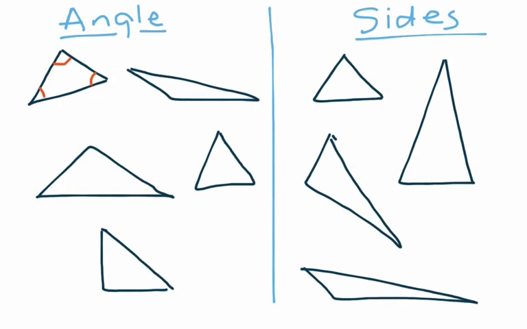If you think about it, this angle right here makes a right angle. So that means this would be a right triangle because it has a 90-degree angle. These ones right here, well, that's definitely an acute. That's acute, but this one right here is obtuse. So the fact that it has one obtuse, it is called an obtuse triangle.